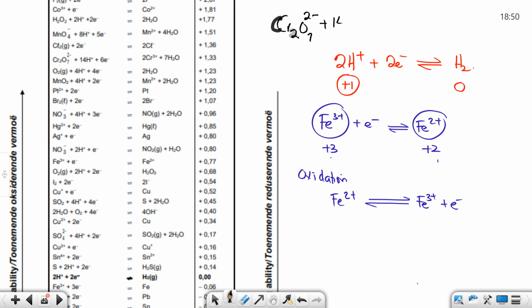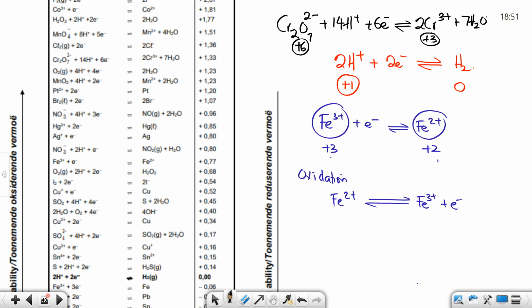Cr2O7 2- plus 14 hydrogen ions plus 6e- to give us what? 2Cr3+ plus 7H2O. What's the oxidation number here? We calculated positive 6. What's the oxidation number here? Oh, it's exactly the way we want it. From 6 to 3. Make sense?